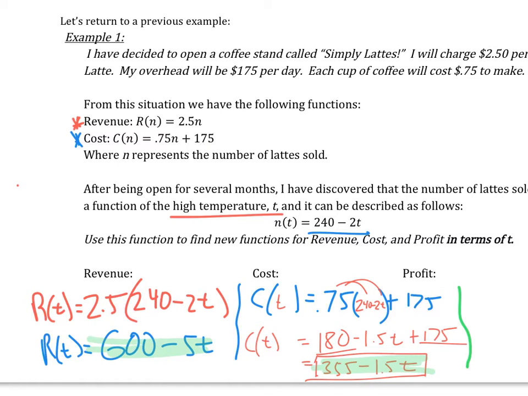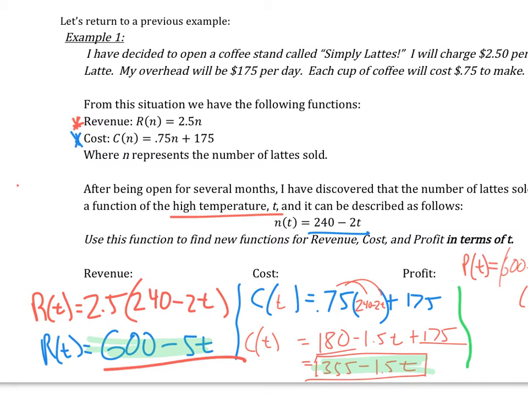Let's make an equation for that. We've got P of T is the revenue. What's our revenue? 600 minus 5T. And we have the cost of 355 minus 1.5T. So minus (355 minus 1.5T).